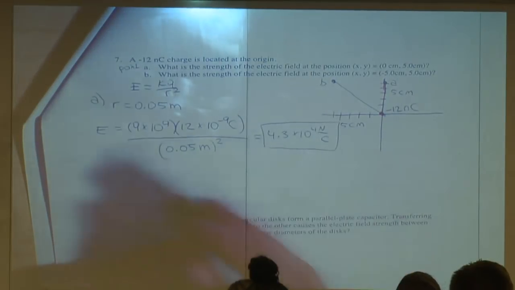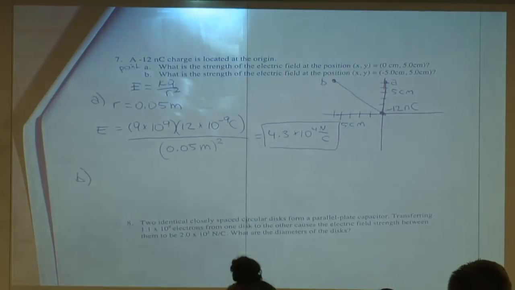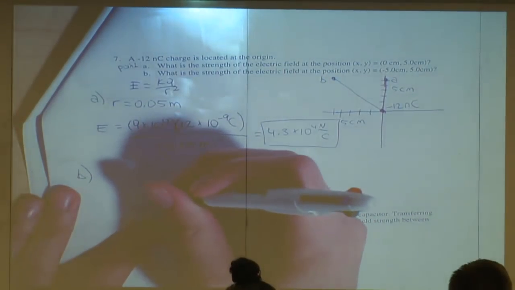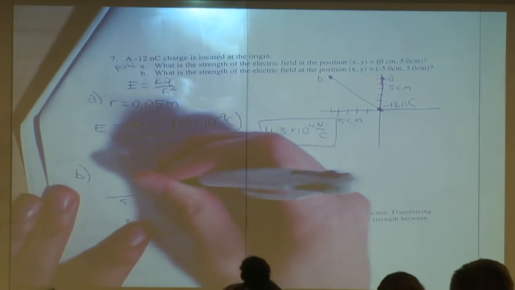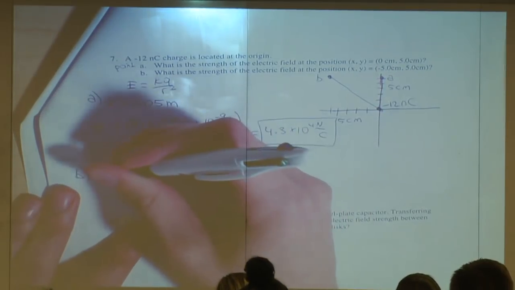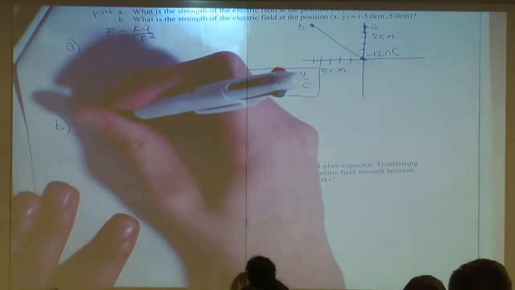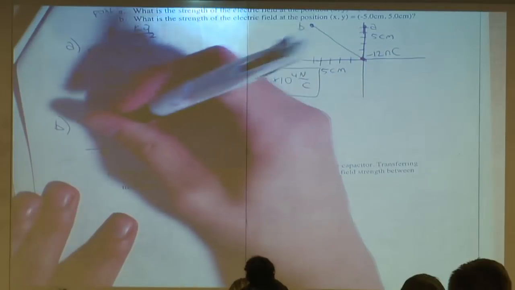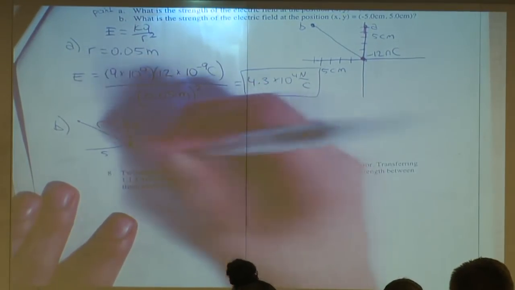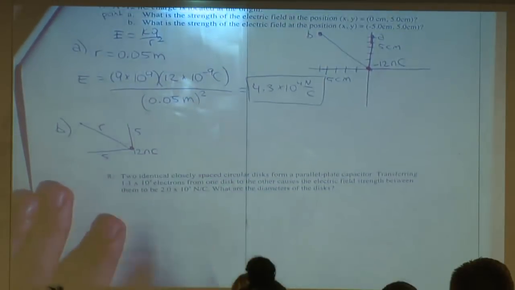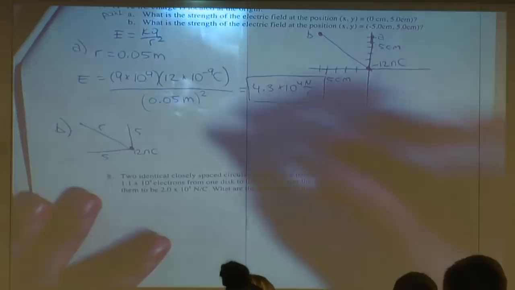So then for part B, R is a little bit more tricky. If I redraw this, we have it going 5 centimeters this way, and then up 5. So then the point's over here, right? So that's what our R would be, because this is the point, that's the 12 nanocoulombs. So we have to use the Pythagorean theorem to find what R is.